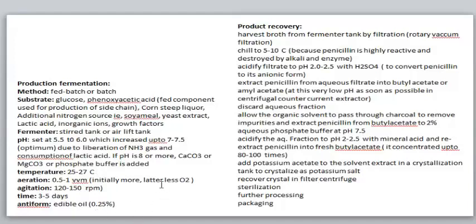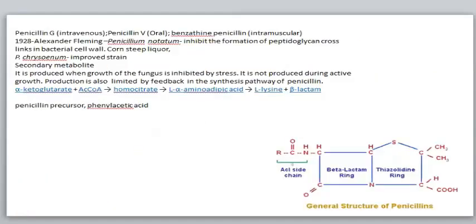Thereafter the pH is around 5.5, the process through which it is performed. The most important thing is that phenoxyacetic acid acts as the precursor.